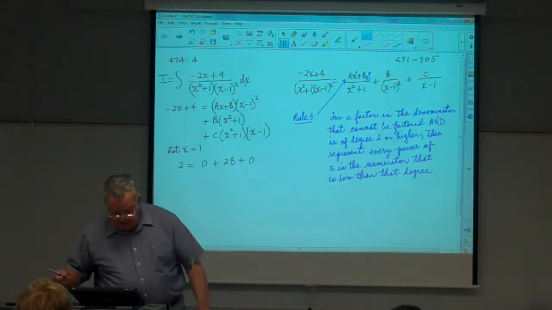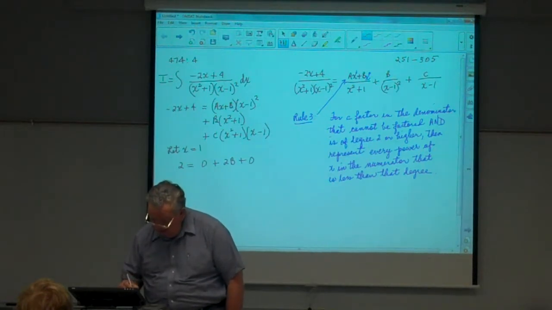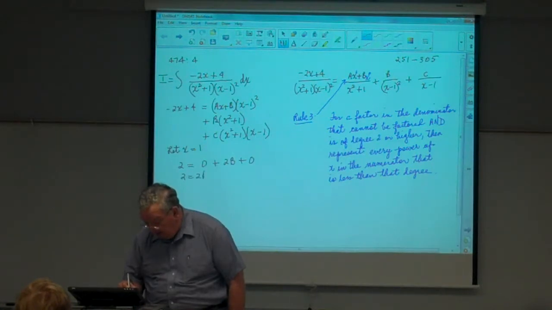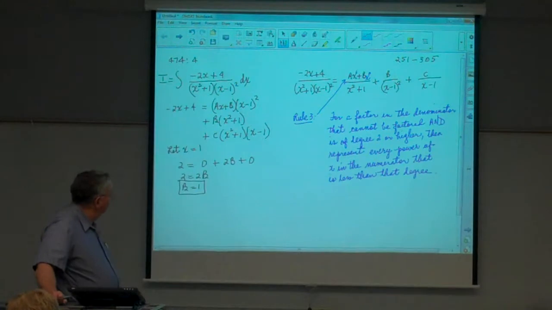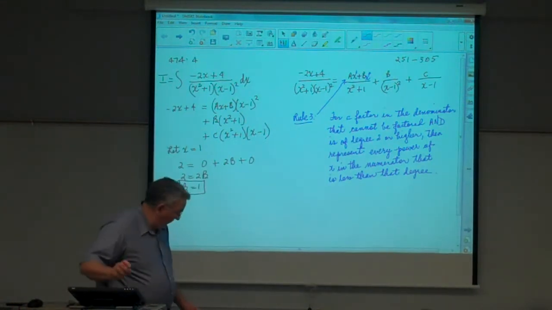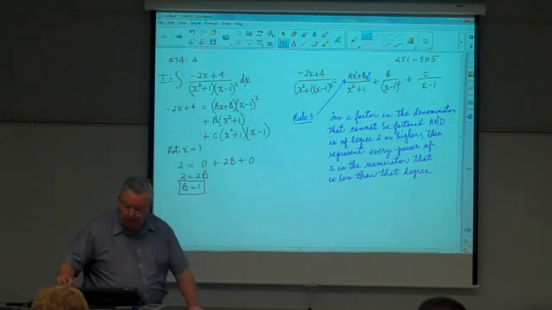So that's going to help us some. That tells me that 2 is equal to 2b, and that b is equal to 1. Okay? So now I'm going to have, b is equal to 1. I'm going to have, watch this.